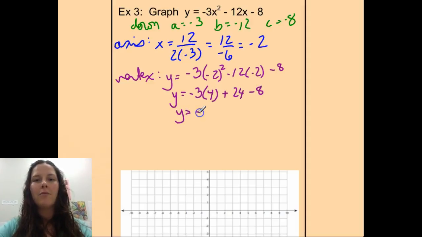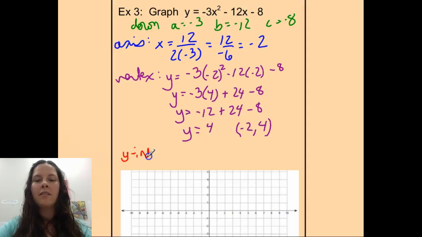Multiplying our negative 3 by 4, we get negative 12 plus 24 minus 8. Negative 12 plus 24 is 12, minus 8 is 4. So we have a vertex of negative 2, positive 4. Finding our y-intercept, that shortcut, 0, and then our c value is negative 8.